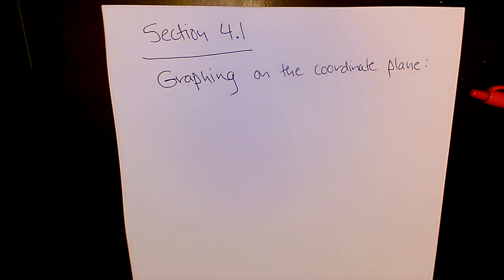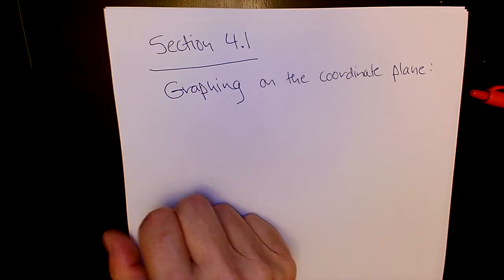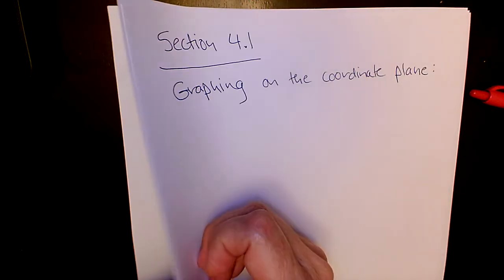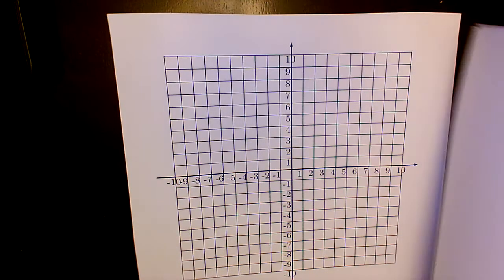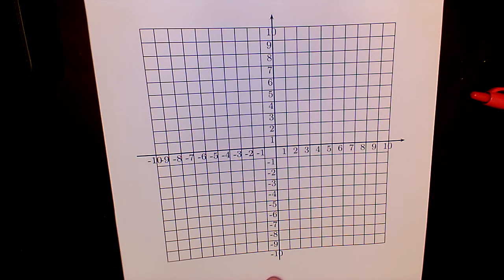This is section 4.1, and it might be review for you. We're going to be graphing on the coordinate plane. In D2L, under this section, I have a handout for you, and it says that it's graph paper, so you can print out as many pieces as you want, and I'm going to be using this as well when I go over this lesson.